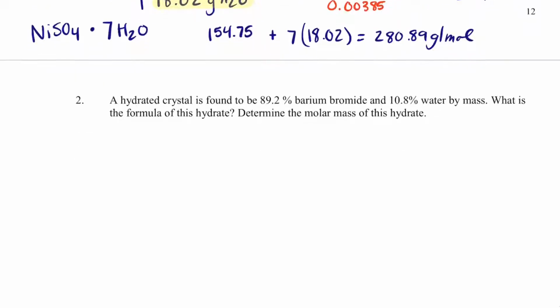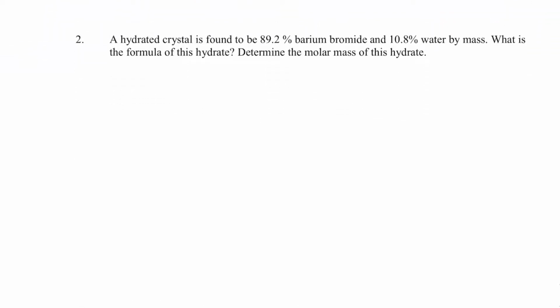In number 2, I have a hydrated crystal, and it gives me percents here: 89.2% barium bromide, and 10.8% water. What that means is I've got some barium bromide, BaBr2, and it's got some amount of waters.